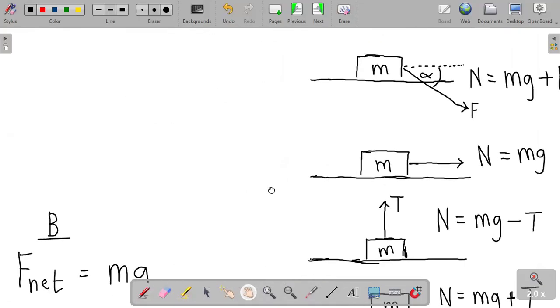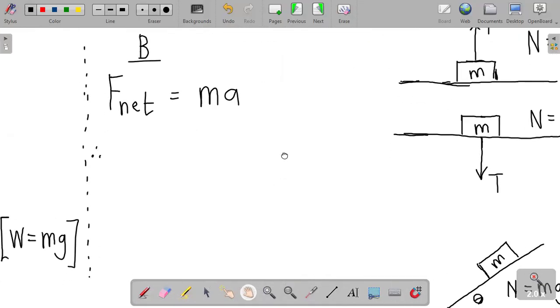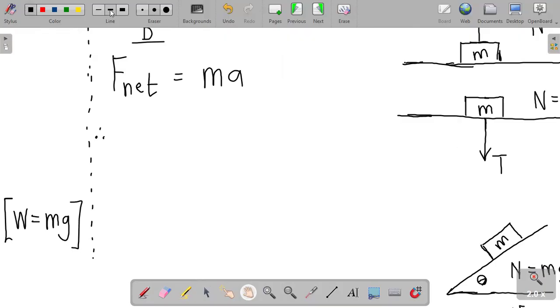So for B, we're going to have Fg parallel minus tension minus kinetic friction equals to 18A. The mass, they gave us 18.